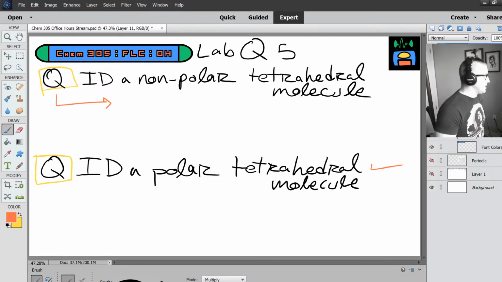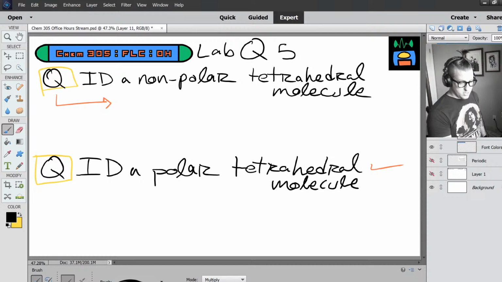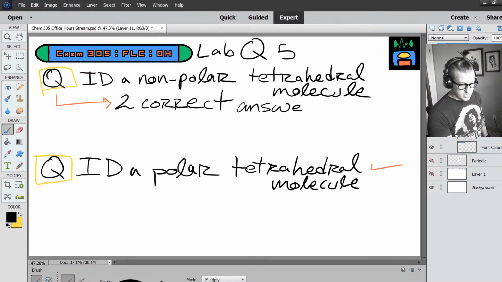I didn't write this particular quiz. And there are two correct answers. Kate, this is what you were saying. There are actually two correct answers here, but the BH4 minus is marked incorrect in the quiz.